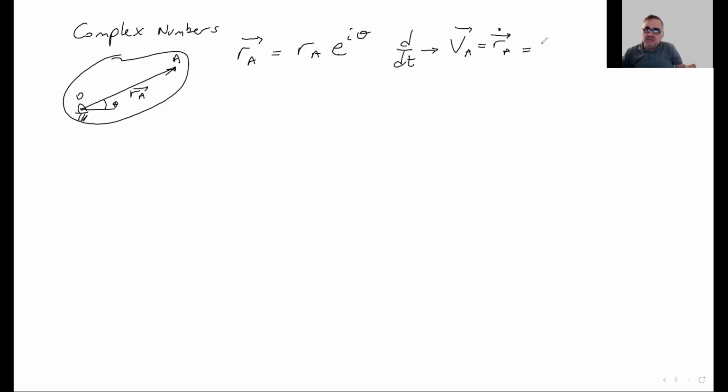It is RA times, RA stays there, e to the I theta dot, which you can write as RA times theta dot, that is omega, the angular velocity, rate of change of angles, times e to the I theta.